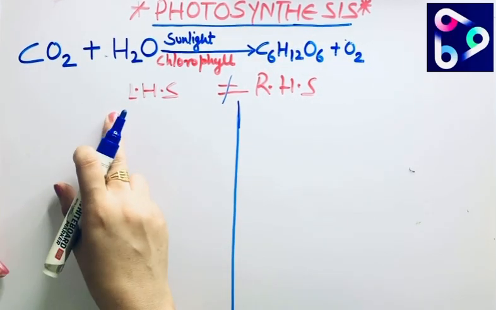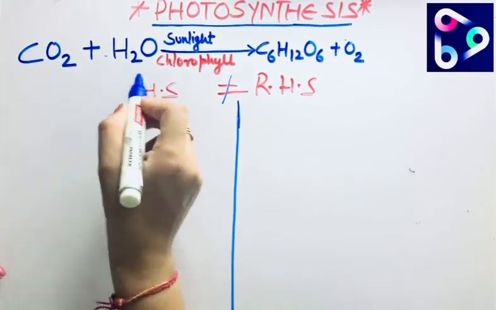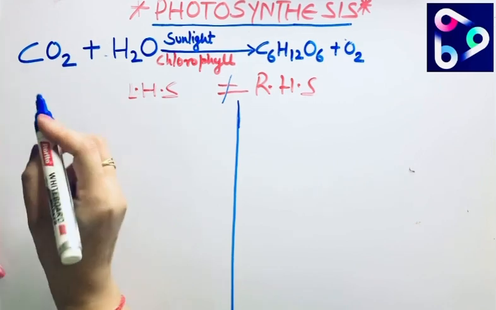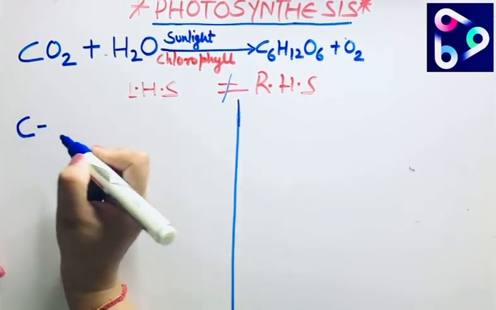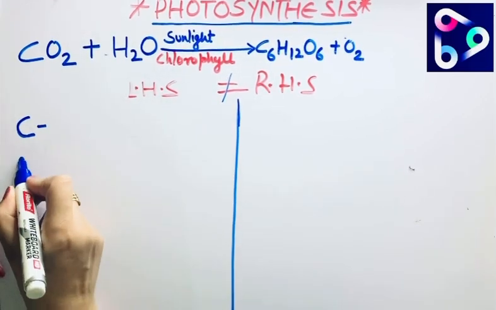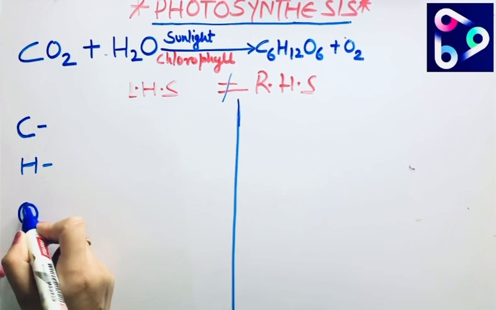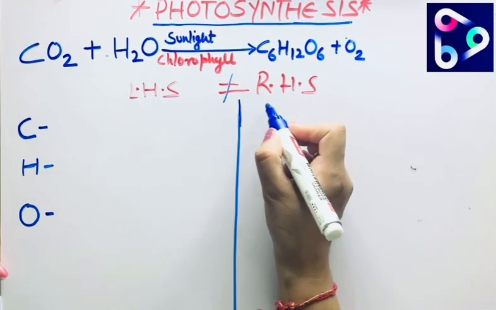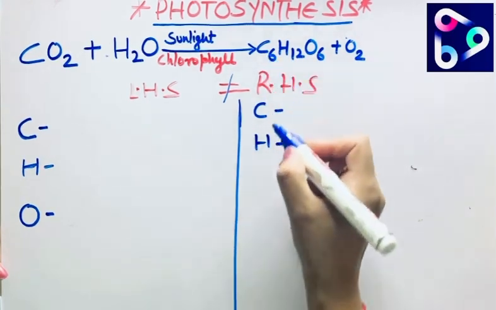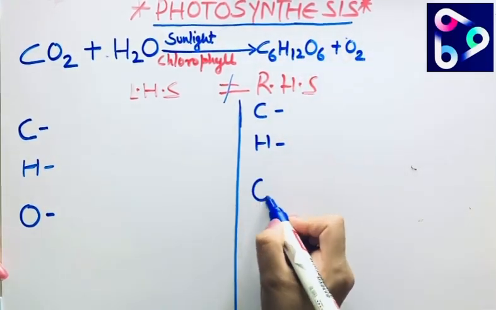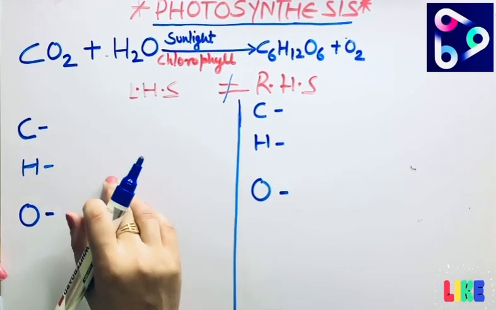So let's start from the left hand side. First I have CO2 and H2O. The symbol for carbon is C, for hydrogen is H, and for oxygen is O. Here also the same: C, then H, then O. I hope till here it is clear to everyone.